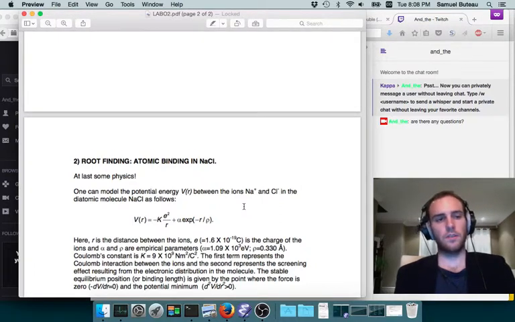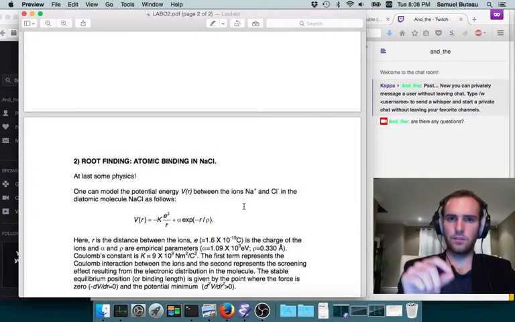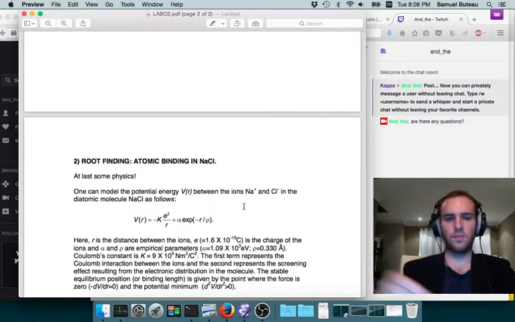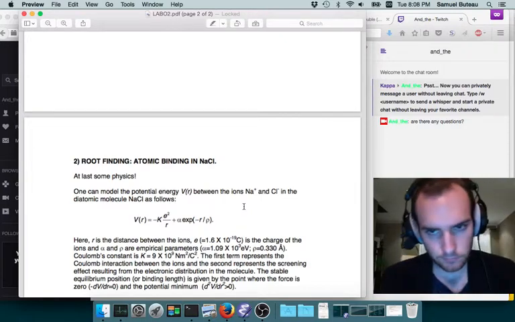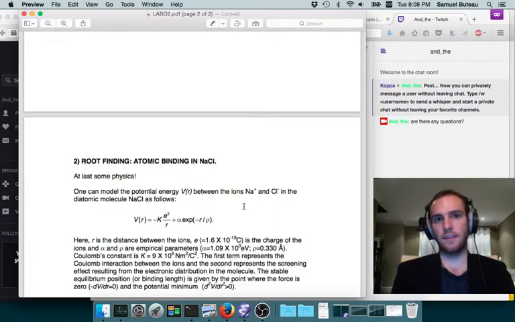Maybe the method you would use would be just to draw a picture and try to figure it out yourself. But you can't do that like 10 million times a second, right? If you need to do that on a very short time scale, then you need to dumb it down a little bit.